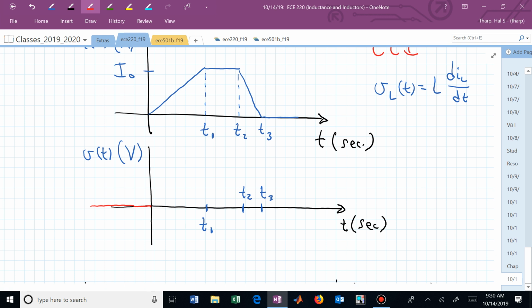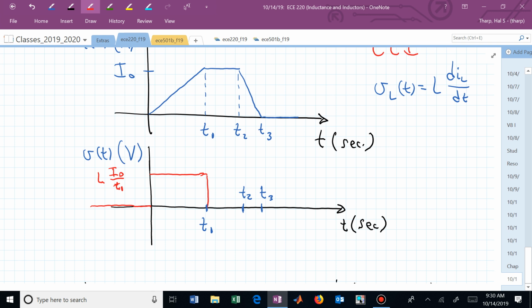So in this case, we could say, oh, the voltage here is now L times I sub 0 over t sub 1. Since we're starting that slope at 0, we can say t1 minus 0, but I'm just going to collapse all of that into t sub 1.